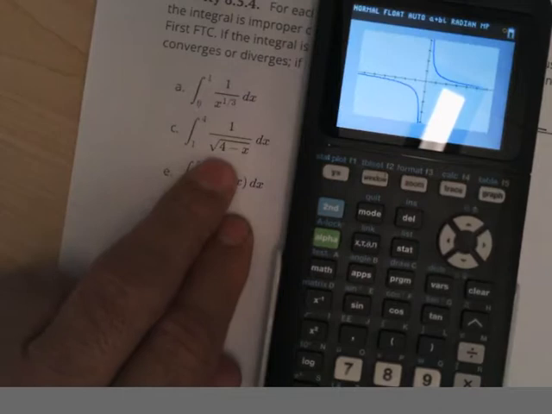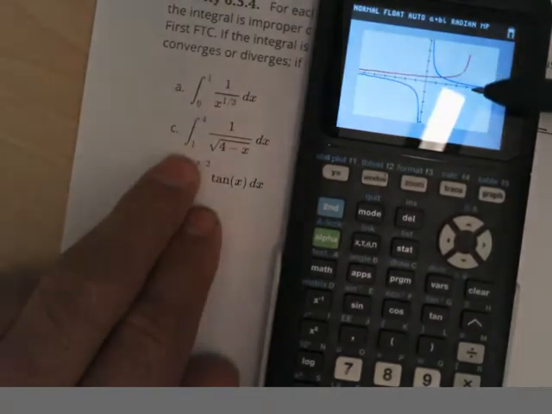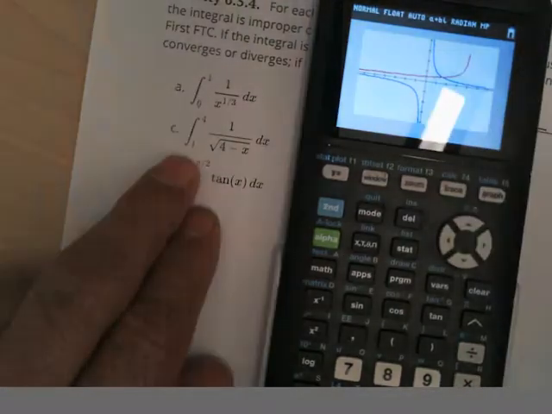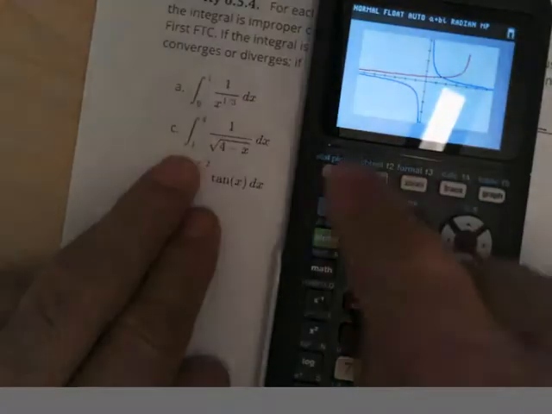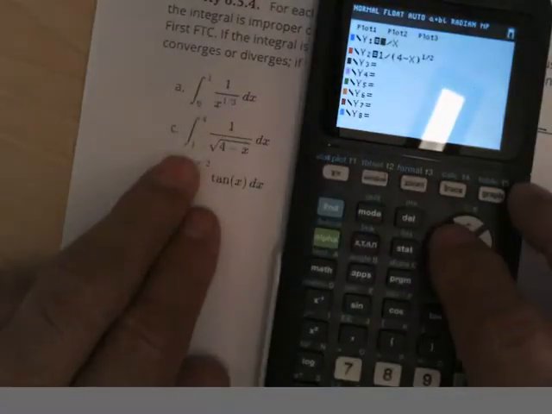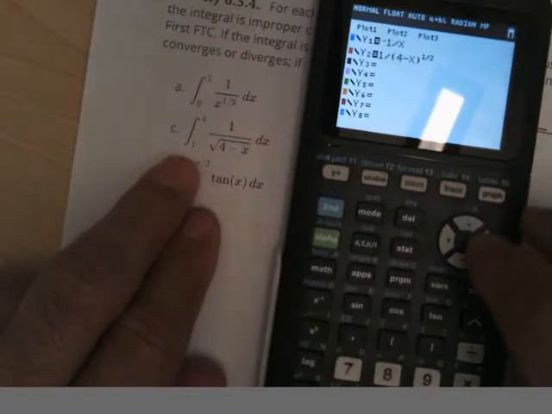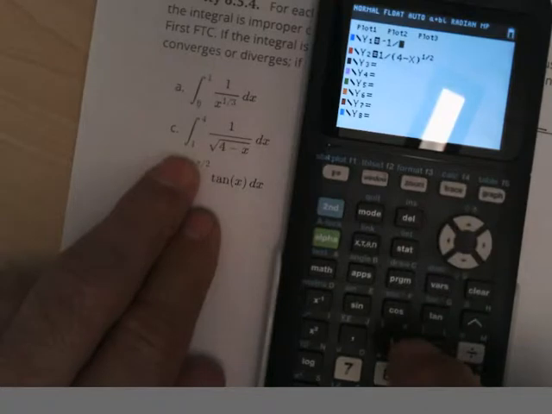Let's graph it. There's that curve. And we want to do it from 1 to 4, and 4 is where it goes up. To see how that matches with this curve, I'm going to take this one, turn it over, and move it over. So I'm going to turn it over by inserting a minus, and then I'm going to move it over 4. So I'm going to go parenthesis x minus 4.